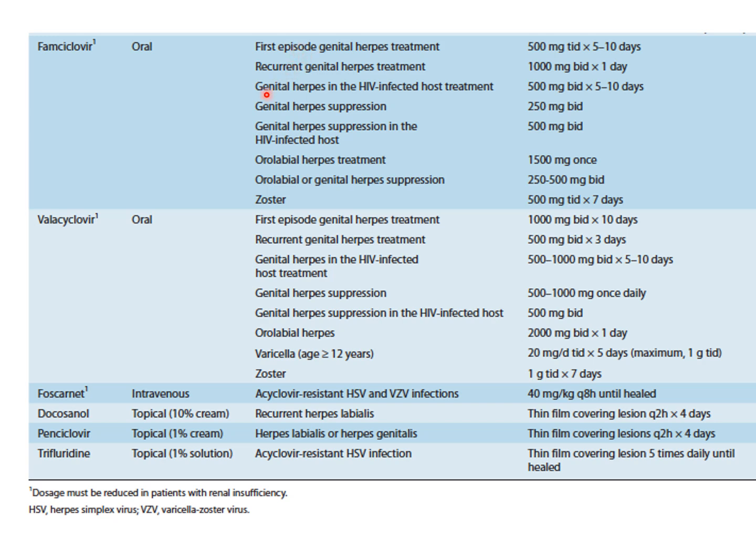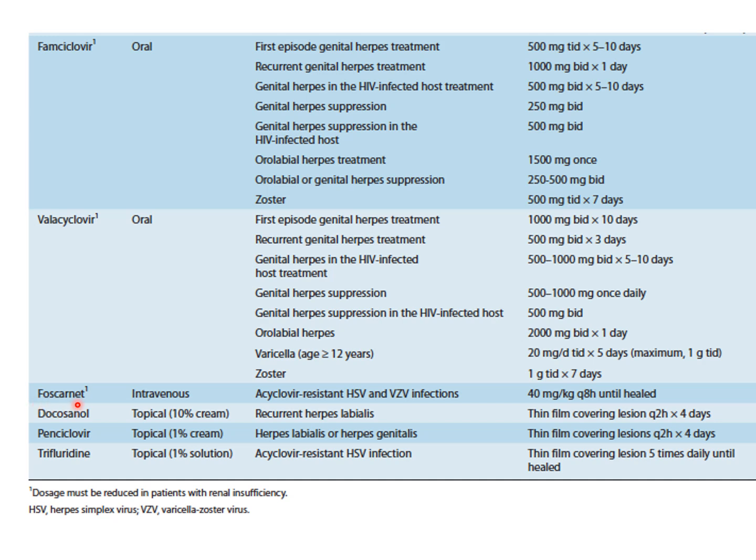It's also used to treat HIV patients with genital herpes, to suppress genital herpes in these patients. It's used to treat orolabial herpes, orolabial and genital herpes suppression, and zoster. Valacyclovir has the same indications as well, but usually for varicella it's reserved for patients above the age of 12.